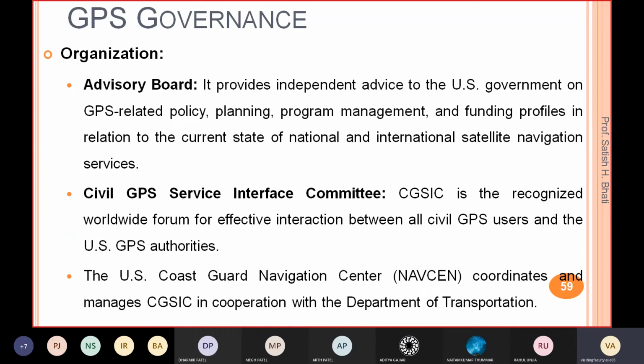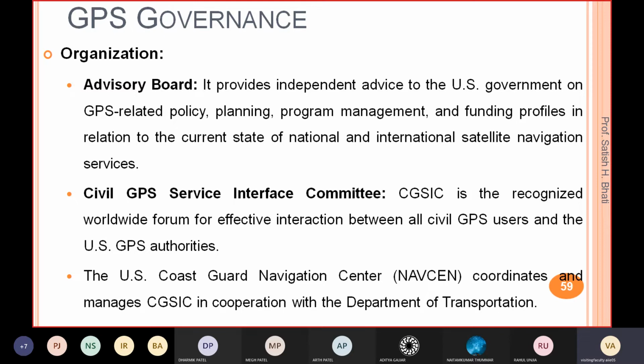Then the Civil GPS Service Interface Committee, right? So this is called CGSIC, right? It's a recognized worldwide forum for effective interaction between all civil GPS users and the US GPS authority, right? So this committee is the bridge between the civil GPS users and the authority, right?